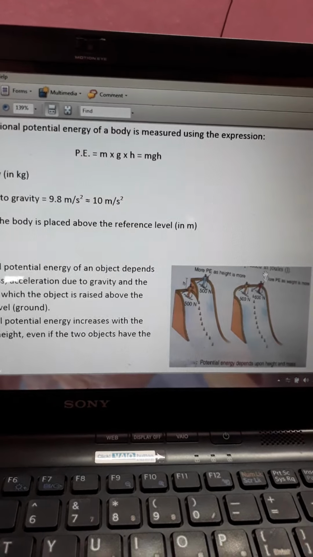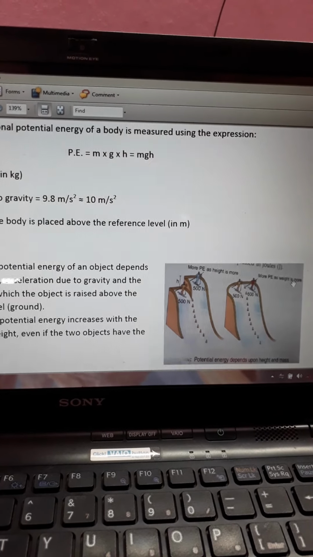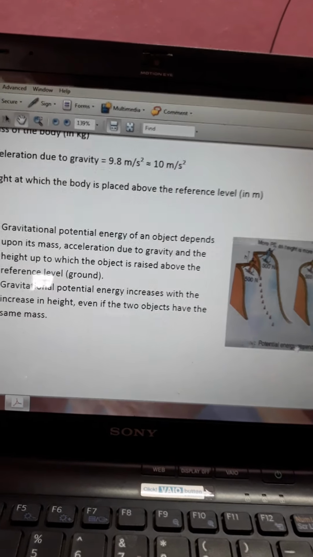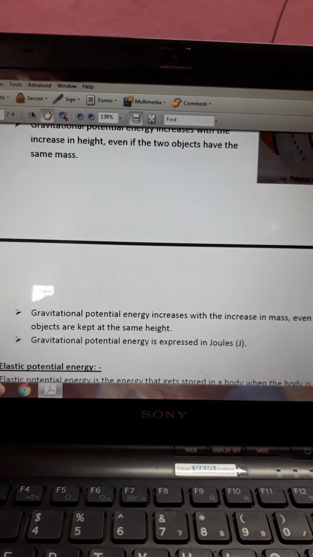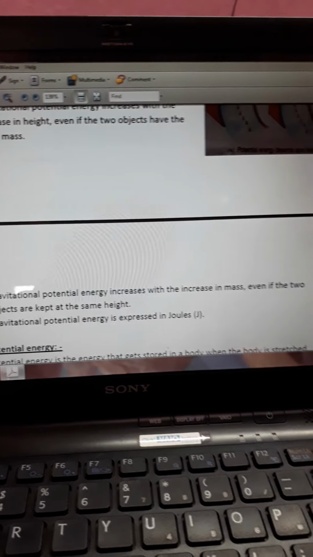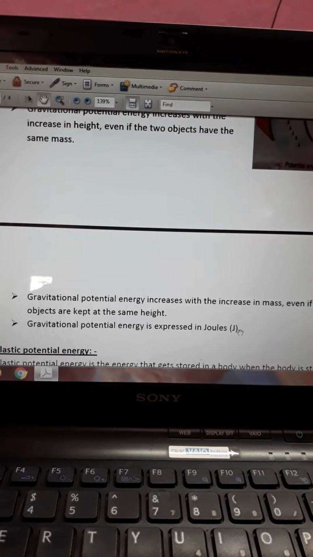So the only difference is in the mass, and there is more potential energy as the weight is more. So gravitational potential energy increases with the increase in mass, even if the two objects are kept at the same height. And gravitational potential energy is expressed in joule, capital J.